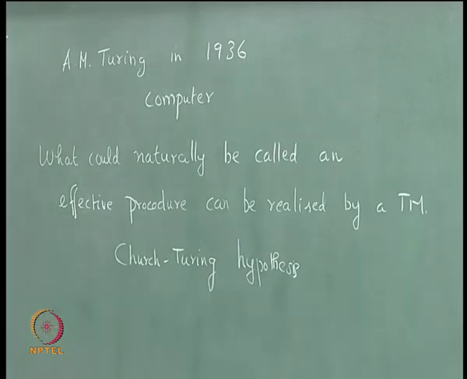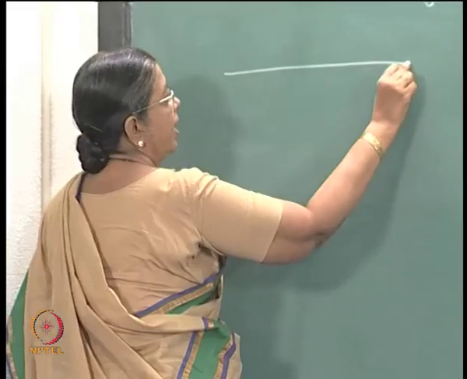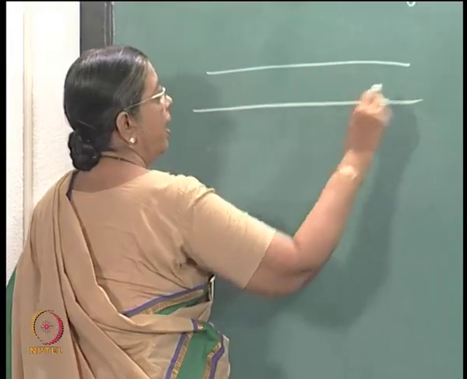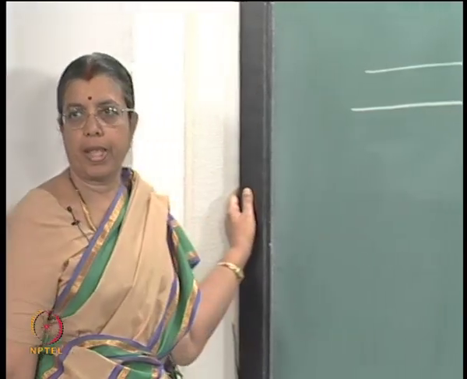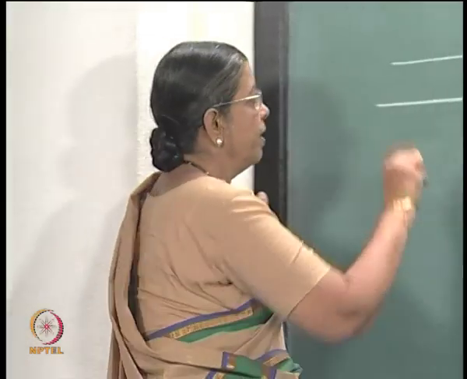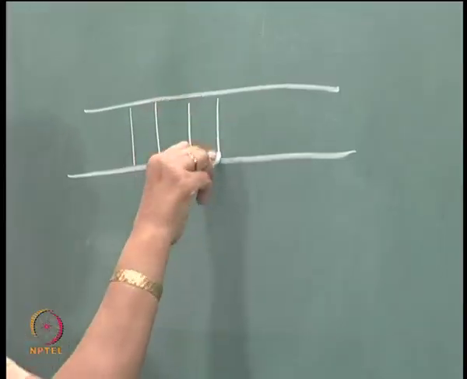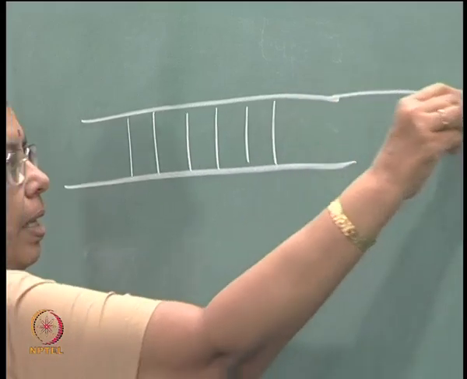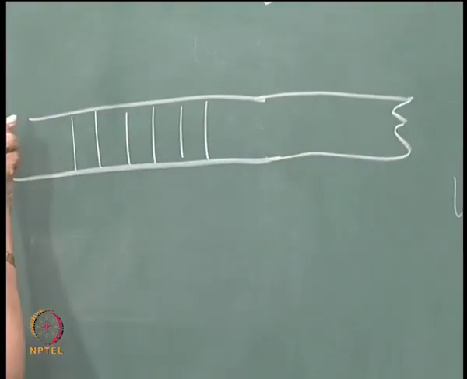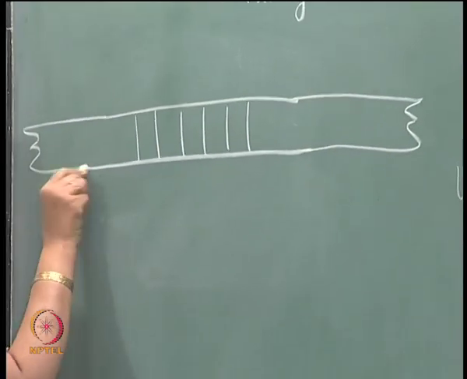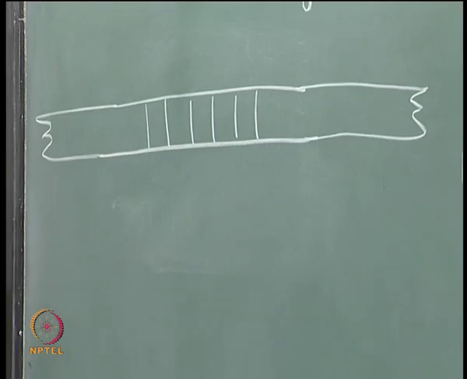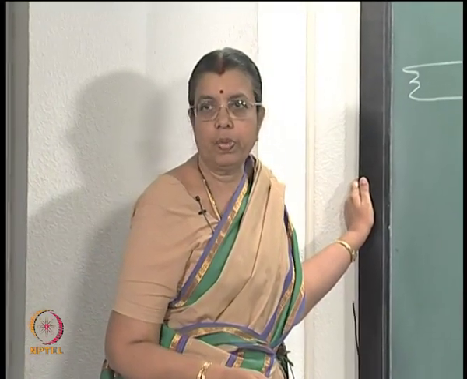Now, what he did is he constructed an abstract model, and that abstract model had an infinite tape. A Turing machine has an infinite tape which is divided into cells. It is infinite. You can take it infinite in both directions or in one direction, it does not matter. Later on we will see the equivalence between these two things.